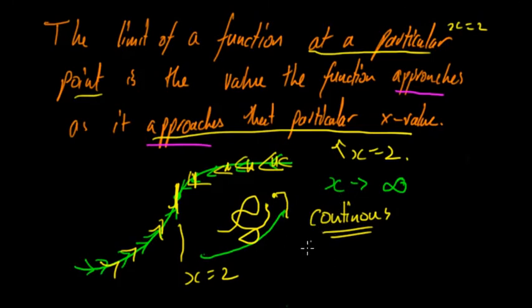For a continuous function, the limit as x approaches a of f(x) is just equal to f(a). That's saying the limit is always equal to what the function equals for continuous graphs. When we go through a few examples, you'll see some discontinuous graphs where the limit does not equal the actual value or the limit does not exist.